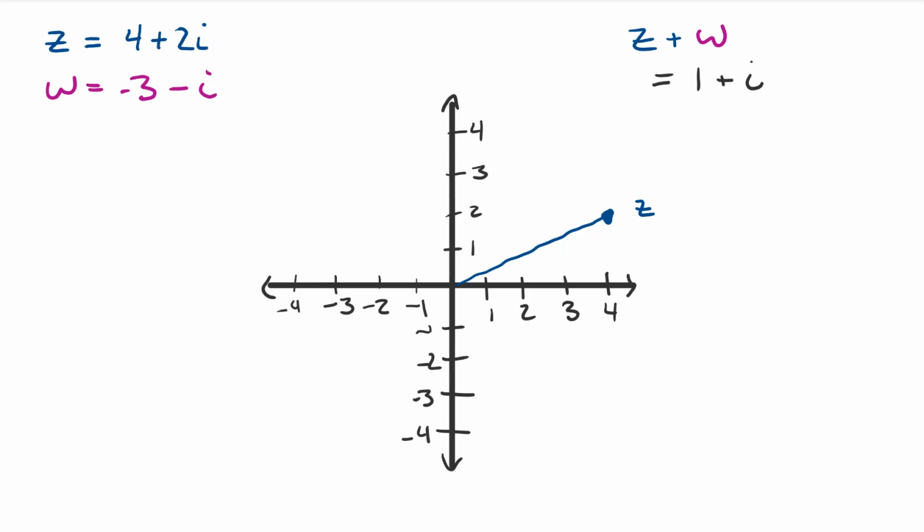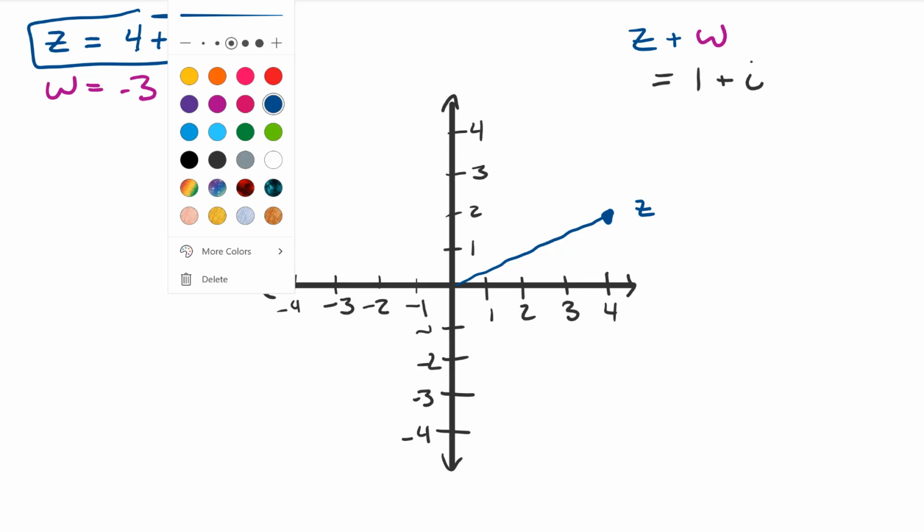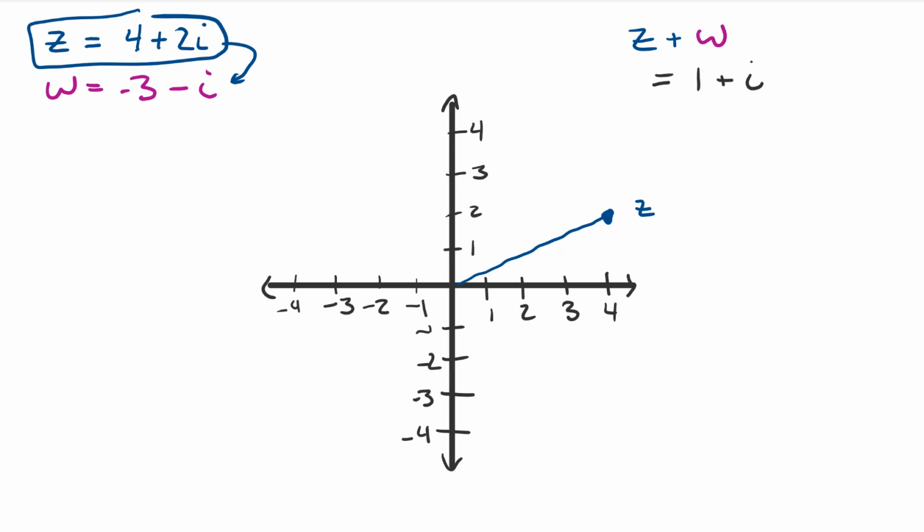But wait, let's get rid of the w real quick. Let's say our first direction is, I want you to go 4 units over to the right, and then I want you to go 2 units up. Now we want to add new directions. I don't want you to be at 4 anymore.